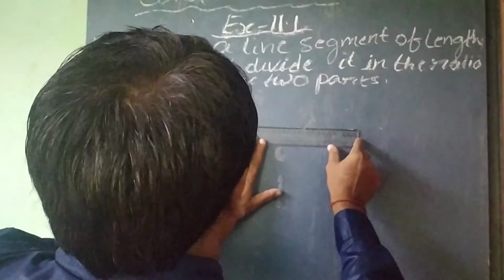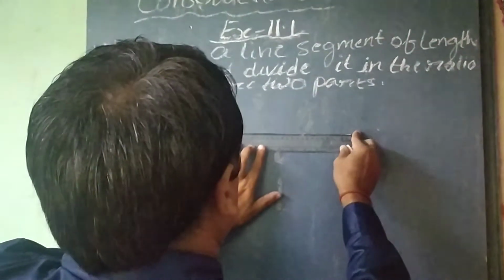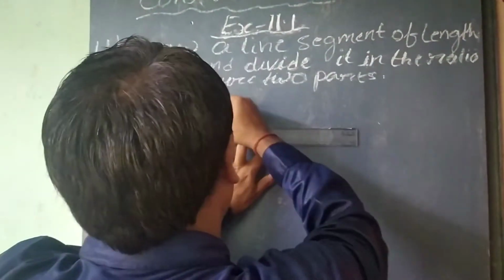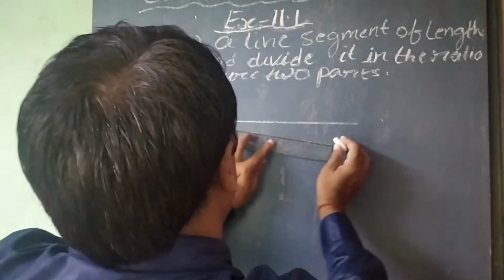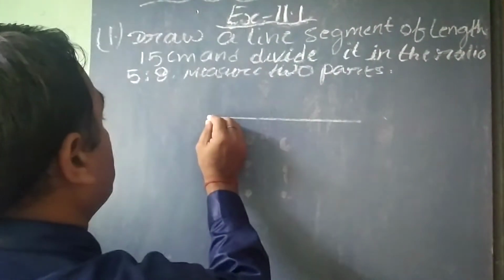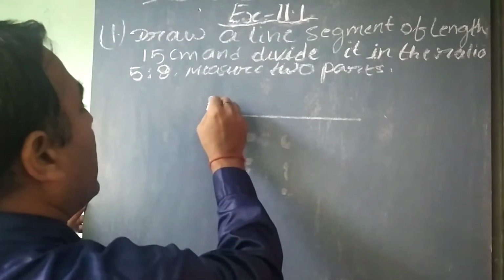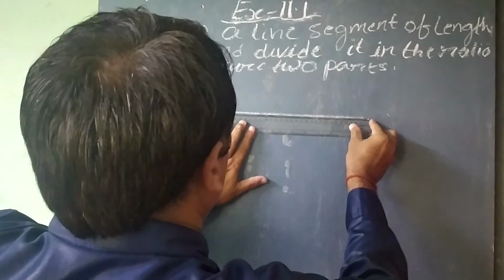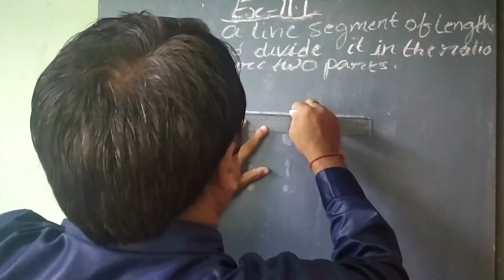As you can see, I have first drawn a line. Here is A, and with the help of a compass, we will take 15 centimeters.